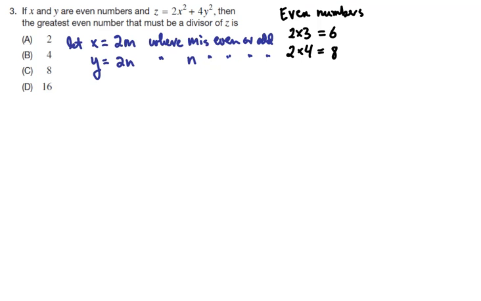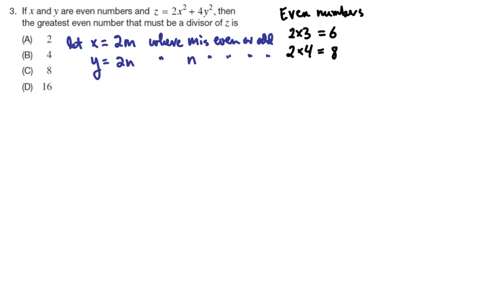We're going to need to know whether it was even because it was 2 times an even number or 2 times an odd number. If it was 2 times an even number, then it would at least have a factor of 4 in there. But if it's 2 times an odd number, we're only guaranteed to have a factor of 2 in there as the largest even number. Now it could be more, but we're only guaranteed to have that.